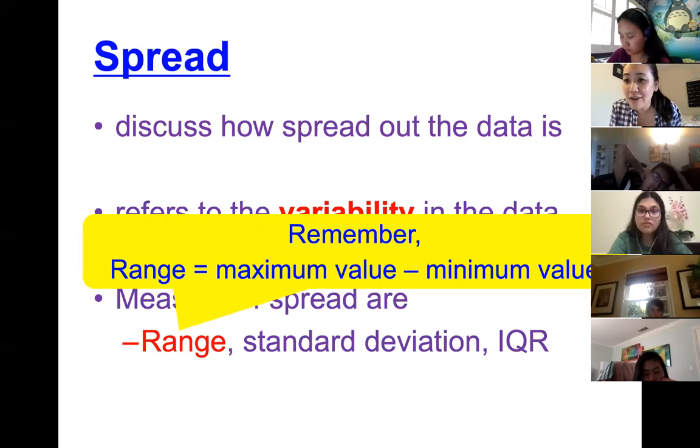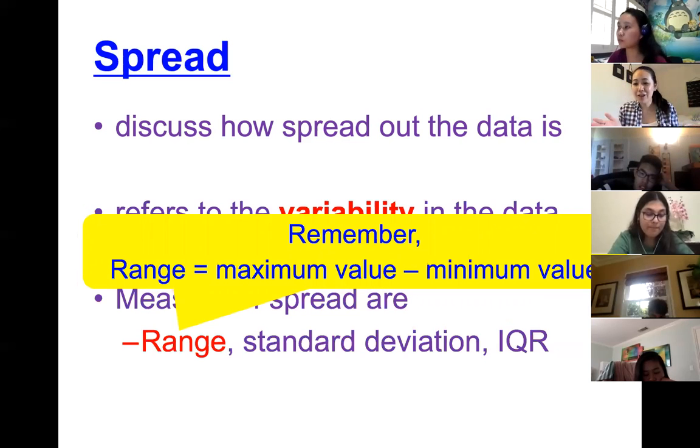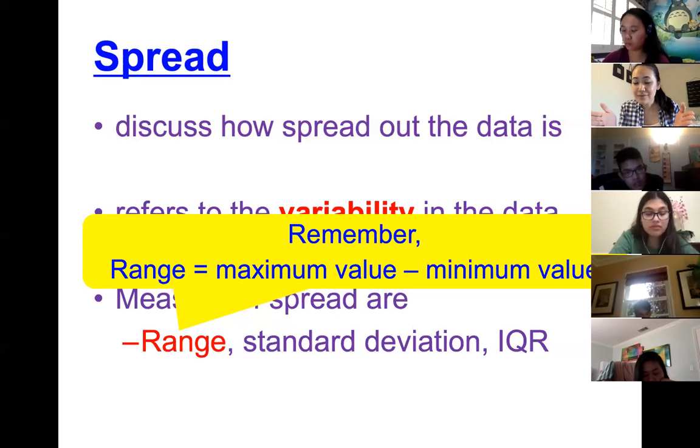And the range you calculate by taking the maximum value and the minimum value and subtracting them. So if the lowest value is 10 and the highest value is 50, the range is 40. Again, do not give me the range goes from 10 to 50. Don't do that.